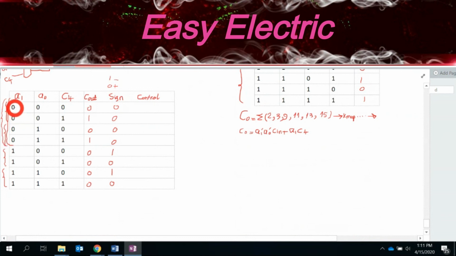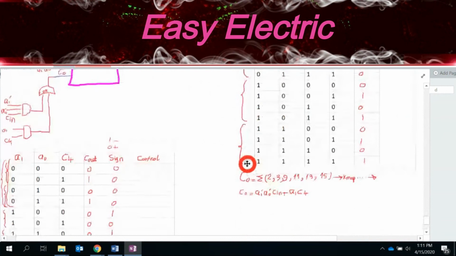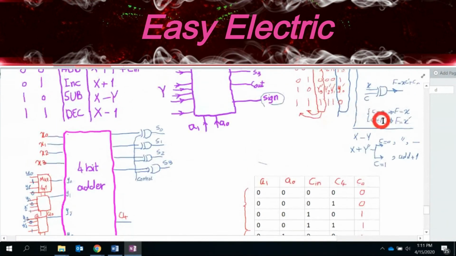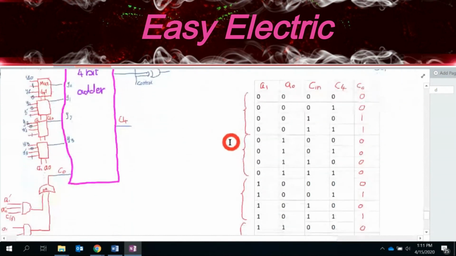So that means 1 to 4. You have 0, 0, 0, 0, 0, 1, 0, 1. So that means you have the adder. You are doing x plus y or x plus 1. Whenever you do that, whatever S you have here should be here. You don't need to take the prime because that's not the subtractor. It happens whenever you do the subtraction, right? So for these 4 cases, you should have the same numbers that you have here. The control should be 0.